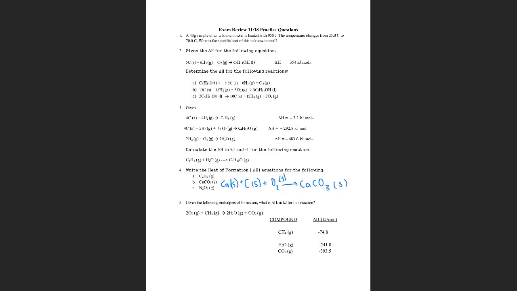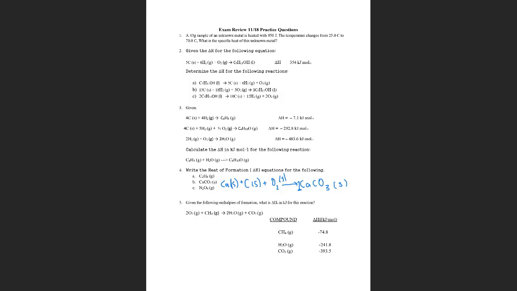What coefficients do we need to add to this equation for it to balance out? Not quite. Remember, you never want to change the coefficient on the product, the CaCO3. You always want to keep that as a 1, even if that means you have to use fractions for the reactant coefficients. You can use any fraction that you want for the coefficients of the reactant. But the CaCO3 always has to be 1.